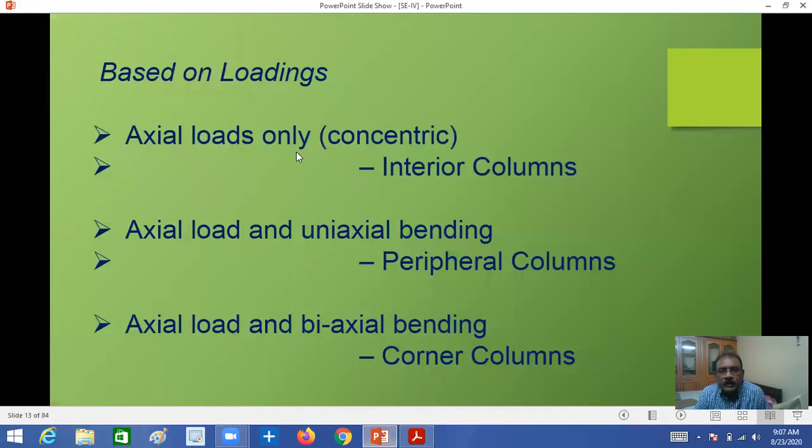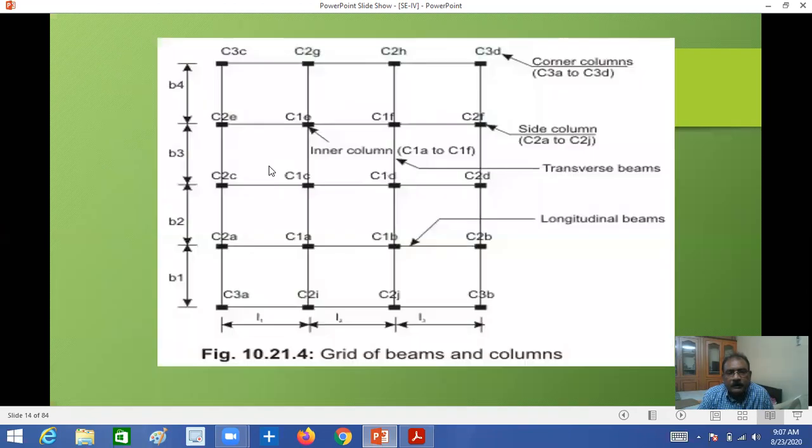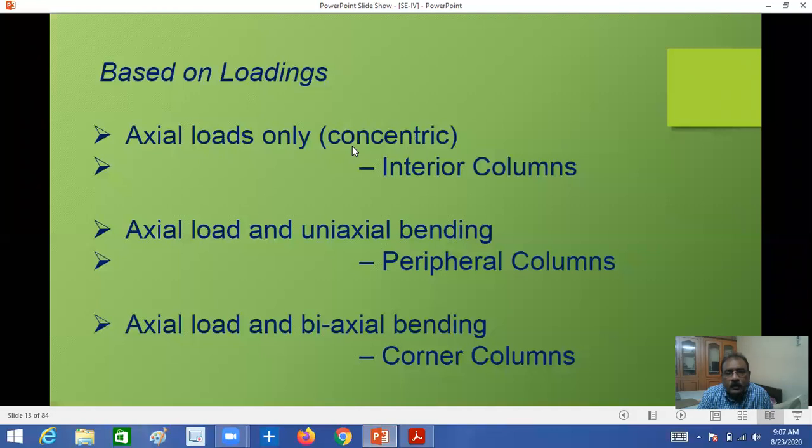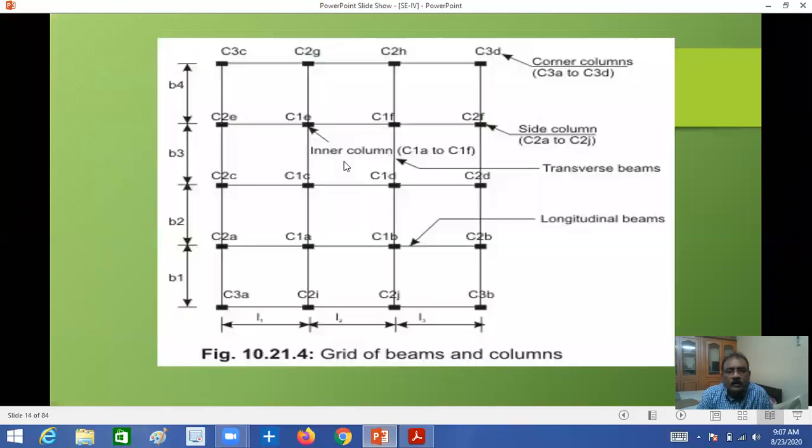Then, based on loadings, again: axial load columns, axial and uniaxial bending columns, and axial and biaxial bending columns. If you observe this figure, you will understand better what is an axially loaded column and a uniaxially bending column. That is one side bending, axial load and uniaxial bending.